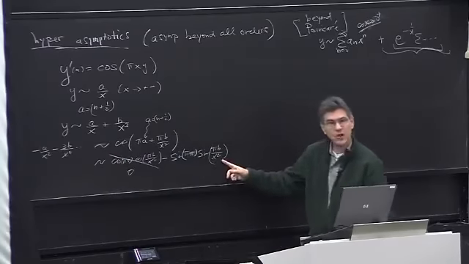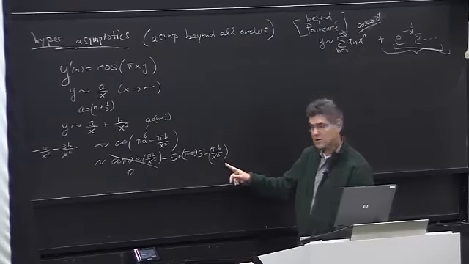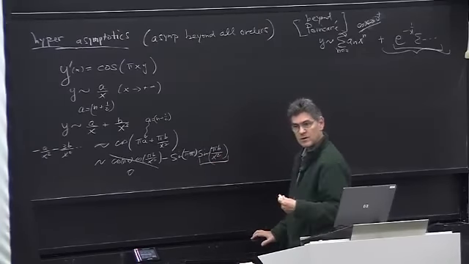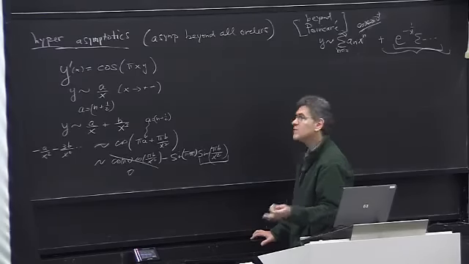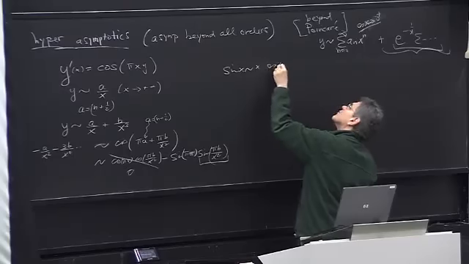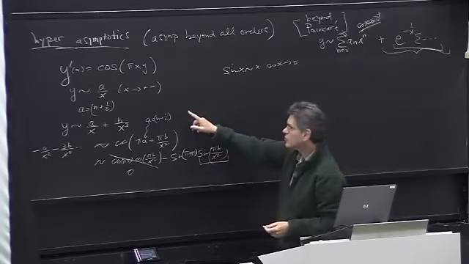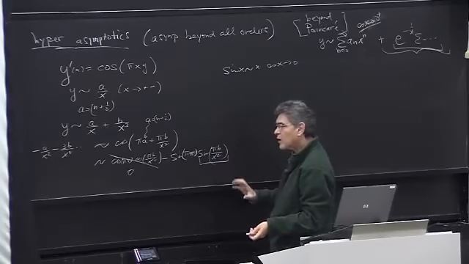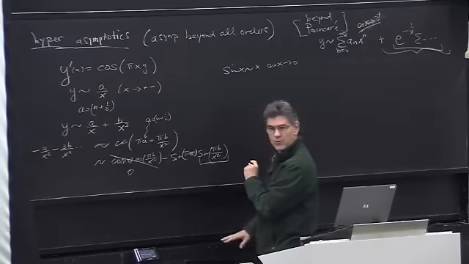And when x is large, sine of a small argument is just the argument. Remember, sine of x is asymptotic to x as x goes to 0. This is as x goes to infinity, but the argument is 1 over x squared. So therefore, this is going to go like 1 over x squared.